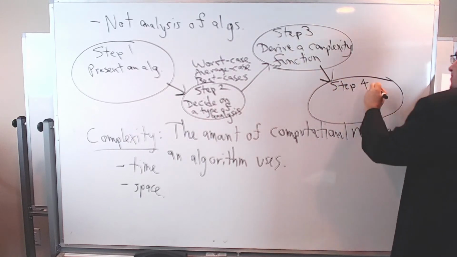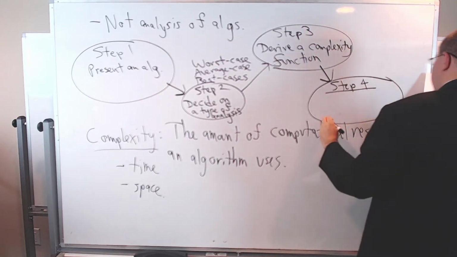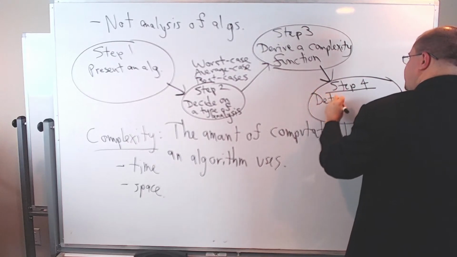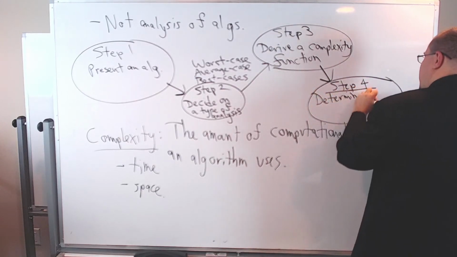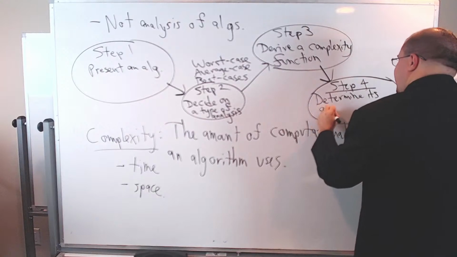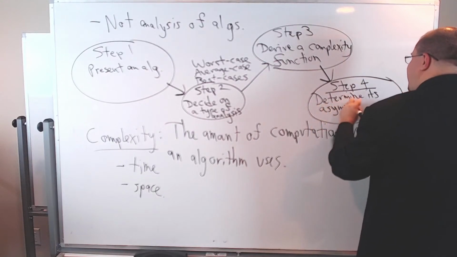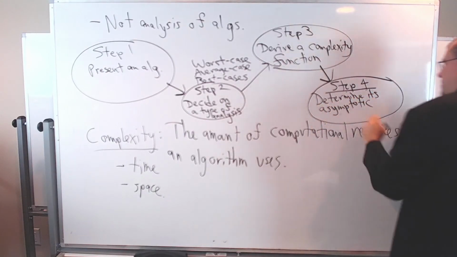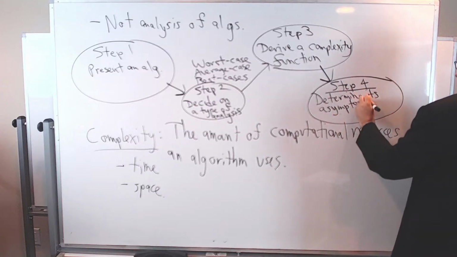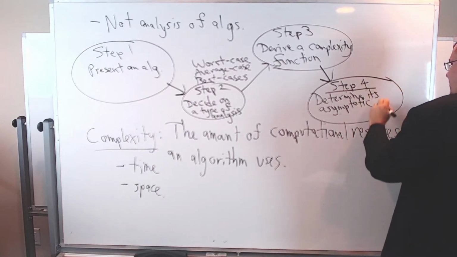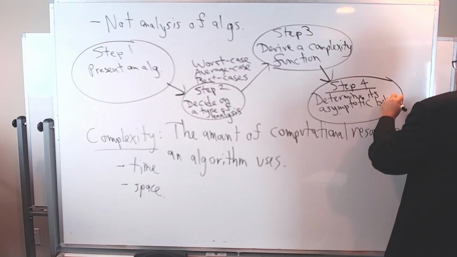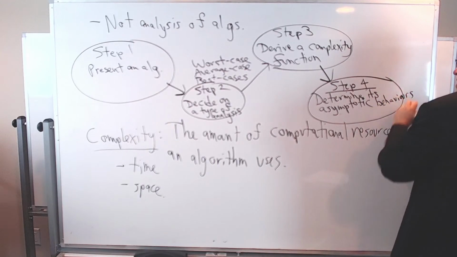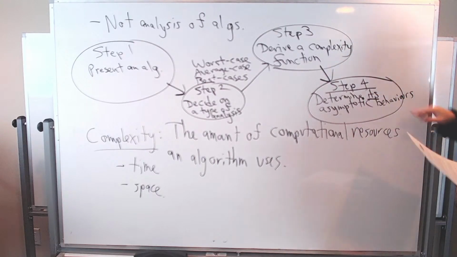Naturally, the final step of this process is to determine its asymptotic behavior. Remember, that means as it gets big. So what's its... I like to be unambiguous when I describe things.